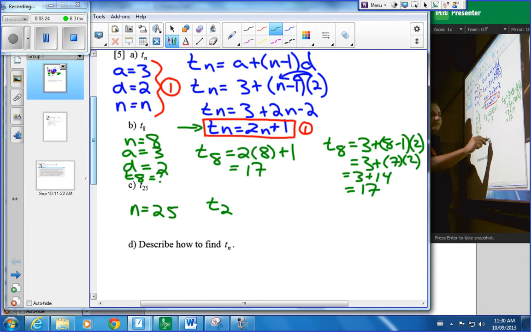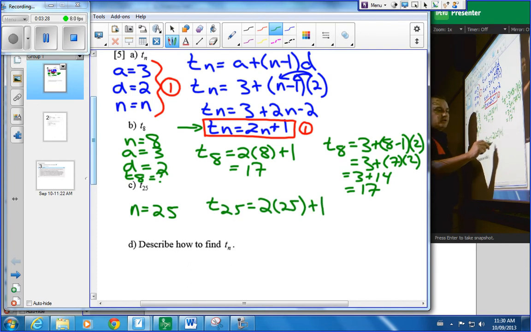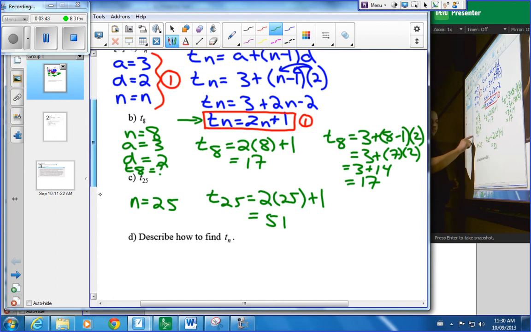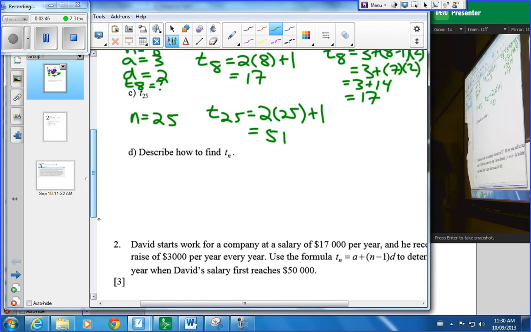So T25 is equal to 2 times 25 plus 1, which is equal to 51. Okay, so the 25th term is 51. So it's a lot easier than if we were to write out 25 terms. Especially what if I said, what's the millionth term? You're not going to write out a million. Hopefully you're not anyways.